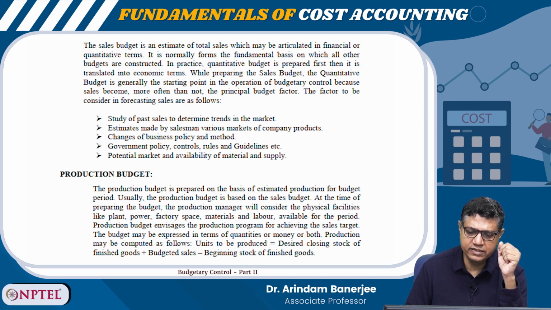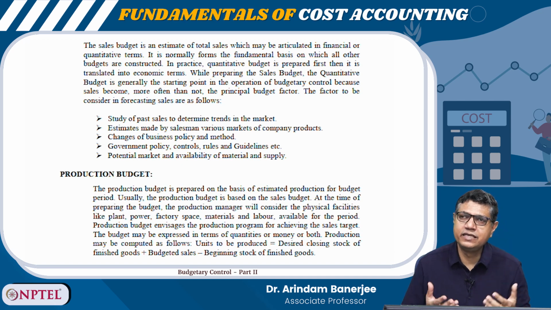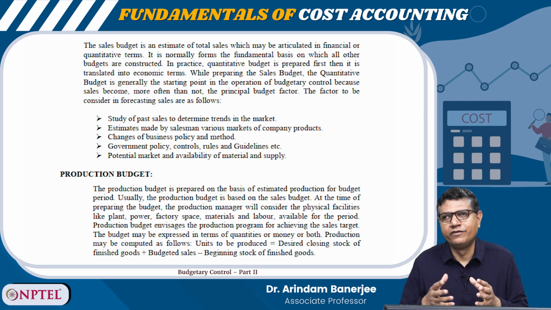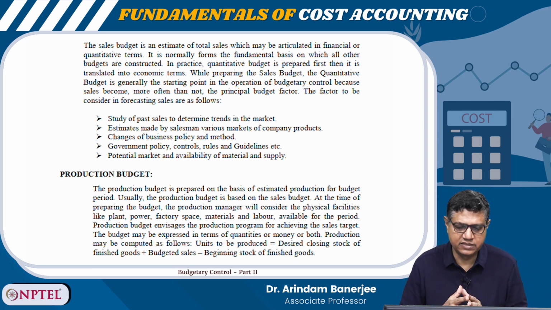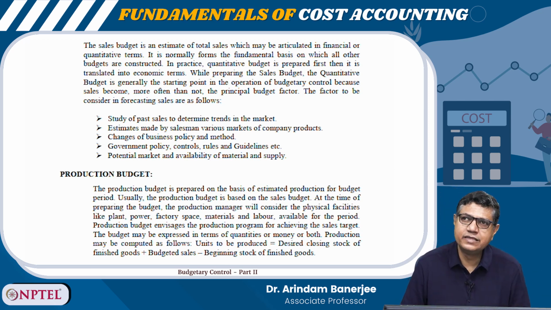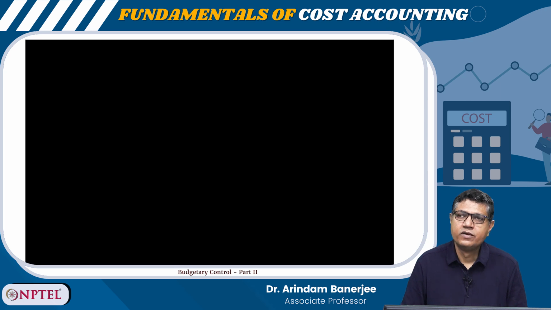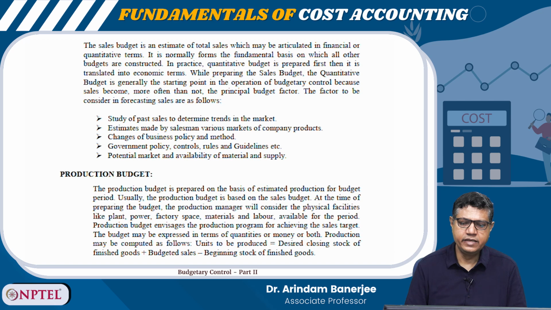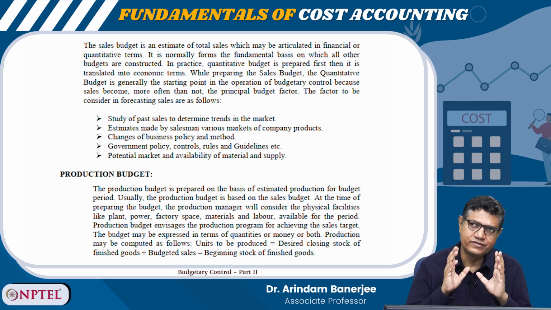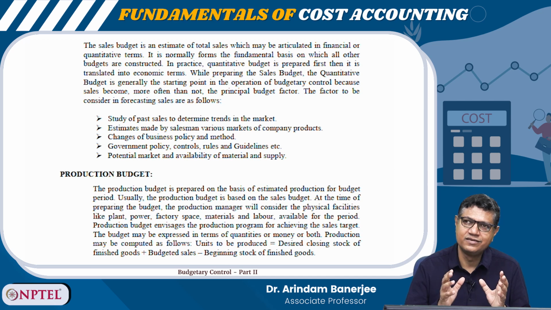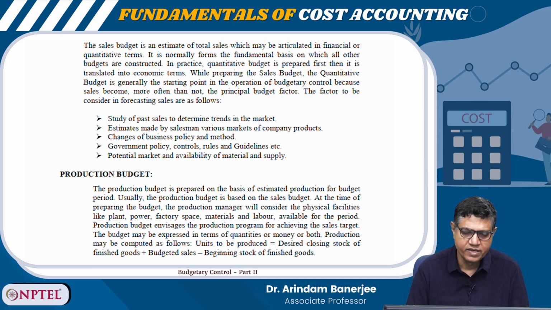Now, what are the factors? How does the sales team basically do it? Obviously, they take data from the historical figures, so they see the past sales, right? Now, the salesmen who are active in the market have a kind of estimation, a kind of sense, because they are in the market.